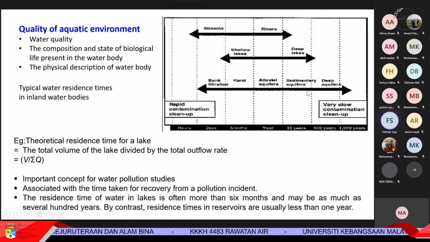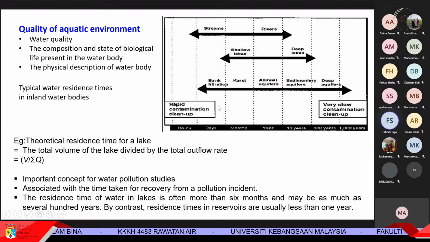If you have a short residence time, as in this river, it will aid recovery of the aquatic system after a pollution input, because there is rapid dispersion and transport of the waterborne pollutants. A long residence time, such as in deep lakes and aquifers, often results in a very slow recovery from a pollution input.